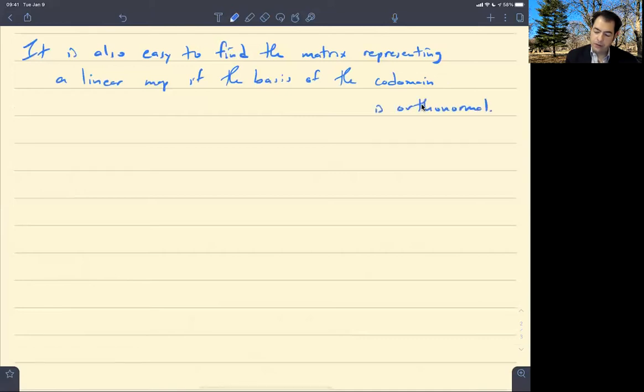So I only really need one of the bases to be orthonormal, the basis of the codomain. So say T is a linear map from V to W.